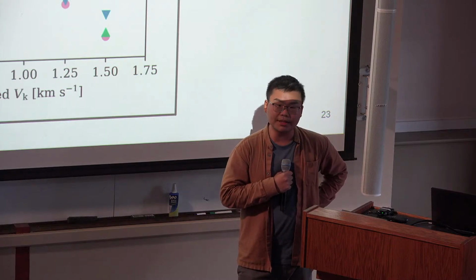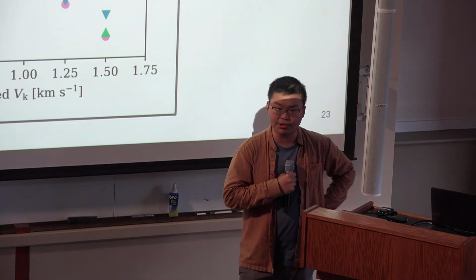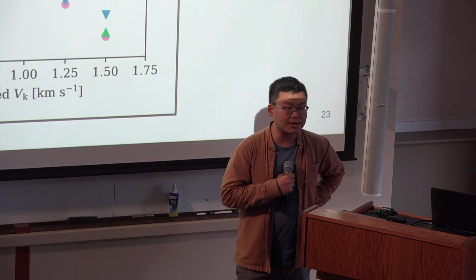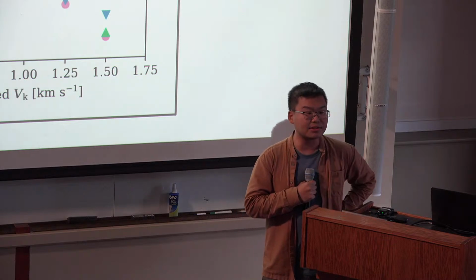Over, I think, 10 billion years, the Oort cloud's mass gets depleted by a factor of 10 or 100. But I'm not sure if there's any work right now on Oort clouds in various galactic environments and around different stellar masses. So I think that's also a new interesting research direction.